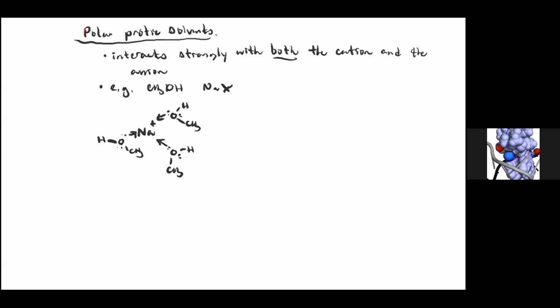The difference here, though, is that the X minus is going to be able to interact with the solvent in a way that it couldn't when the solvent was polar aprotic, and that specifically is a hydrogen bonding interaction. So X minus is going to also see these protons in methanol and want to form a network of hydrogen bonds with them, okay?